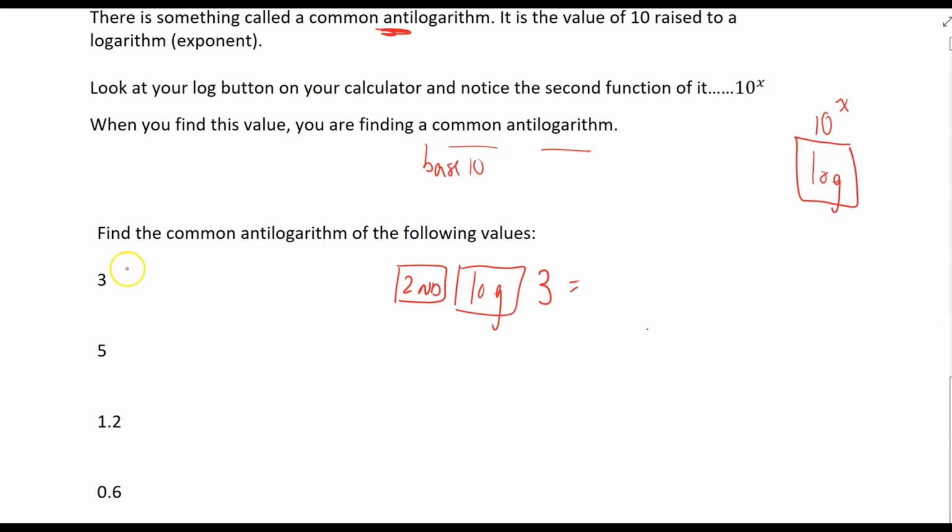You'll see that it is 1,000, since 10 to the power of 3 equals 1,000. Next, try the 5. So you're raising 10 to the power 5 using that anti-log key. 100,000. That's 10 times 10 times 10 times 10 times 10.